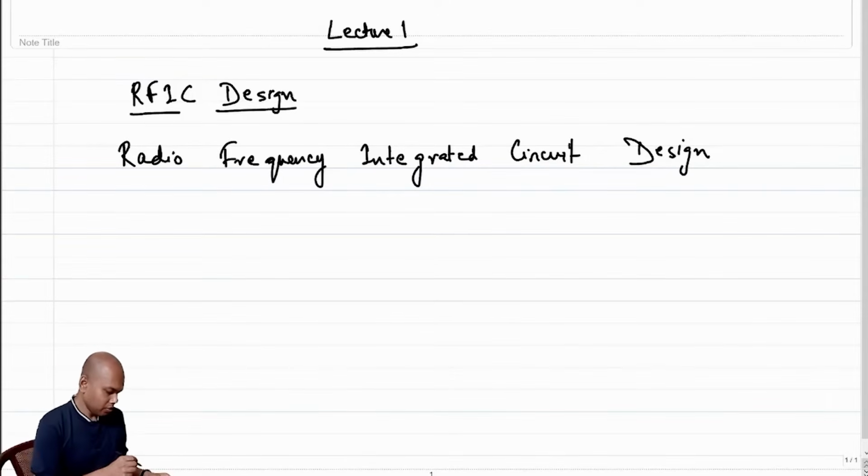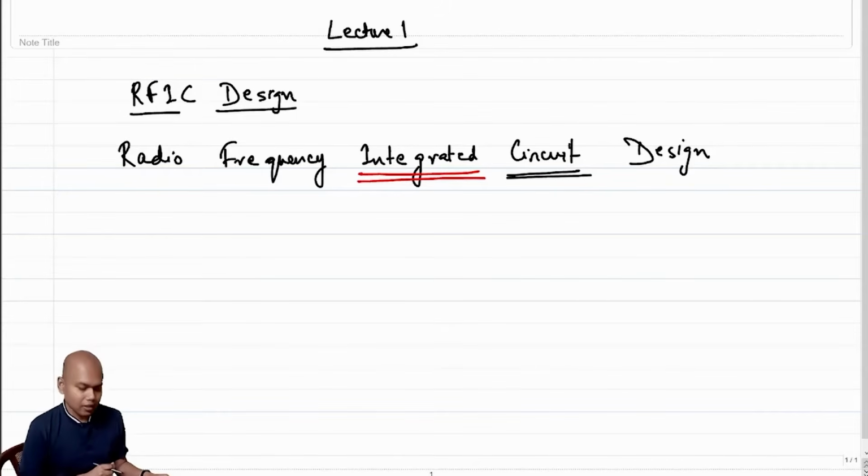One at a time. So this course is a circuit course, right? That goes without saying. But more importantly, this course is about integrated circuits. It's about IC design, right? So when I say integrated circuits, what do I mean?